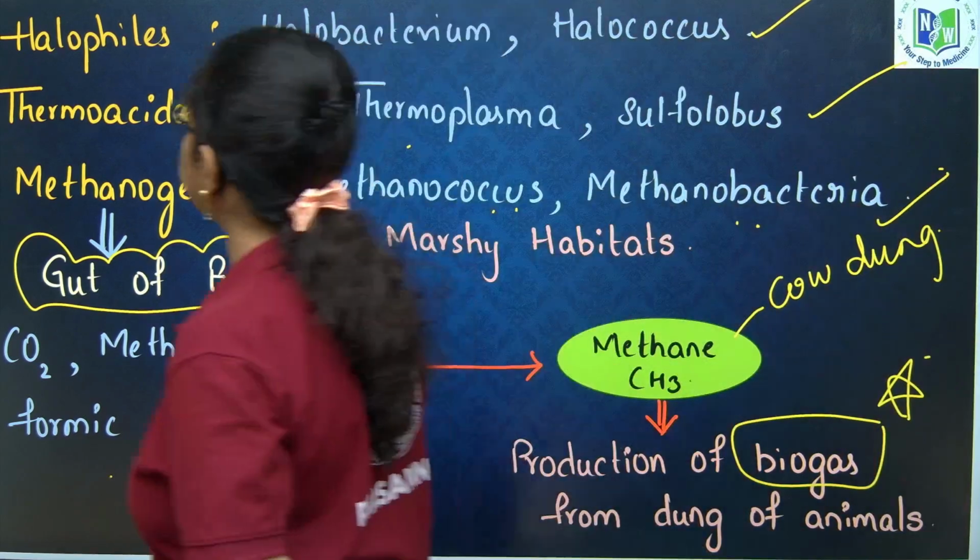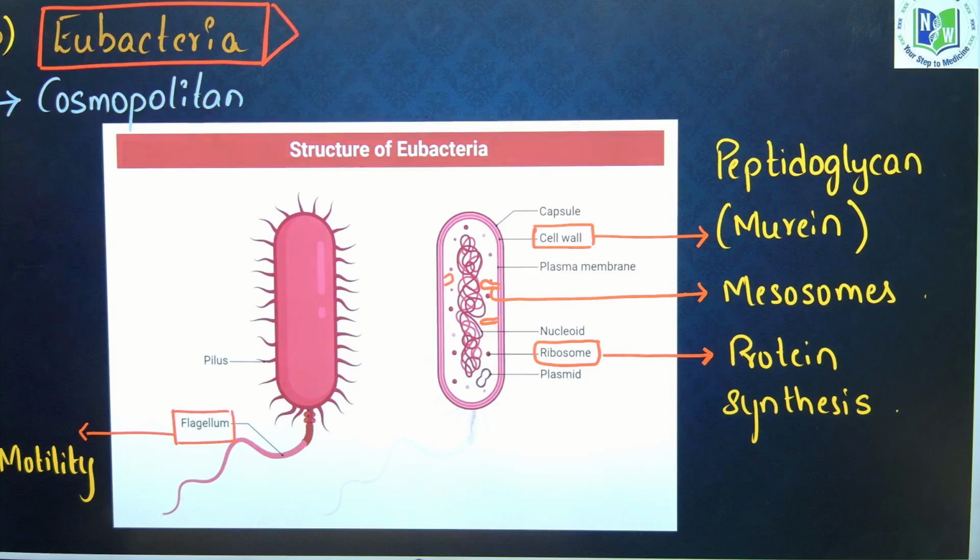Next, eubacteria. Eubacteria are cosmopolitan in distribution.